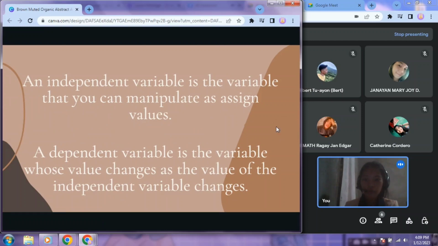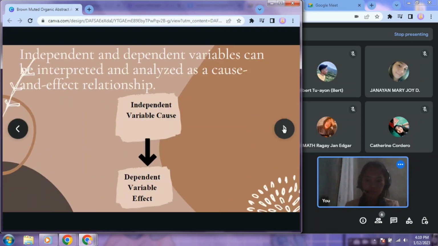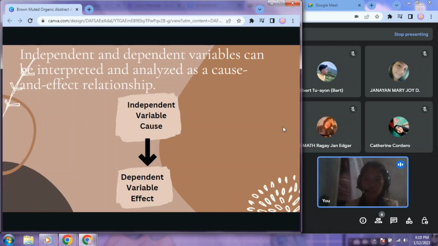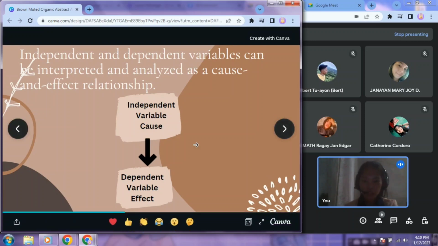An independent variable is the variable that you can manipulate by assigning values. The dependent variable is the variable whose value changes as the value of the independent variable changes. Independent and dependent variables can be interpreted and analyzed as a cause and effect relationship, where the independent variable is the cause and the dependent variable is the effect.